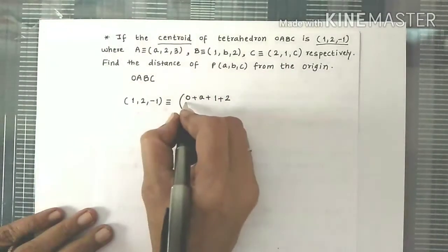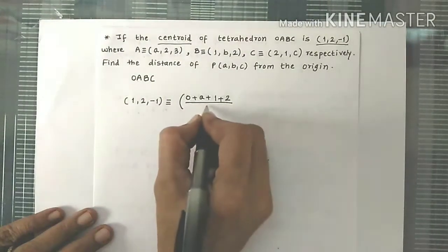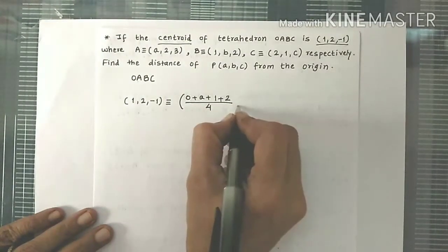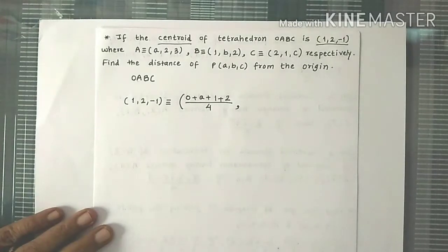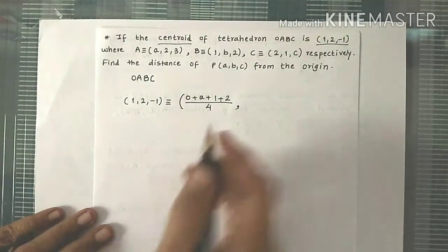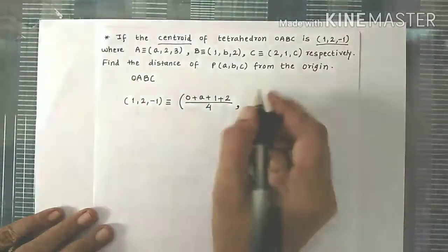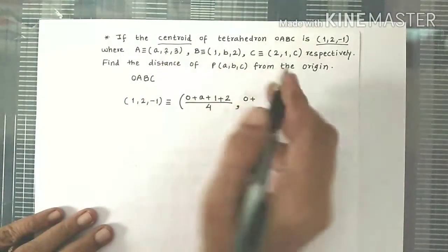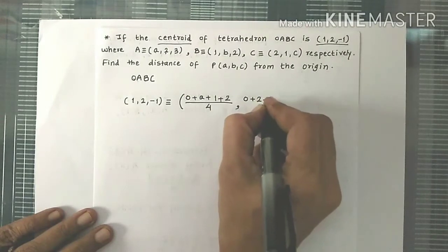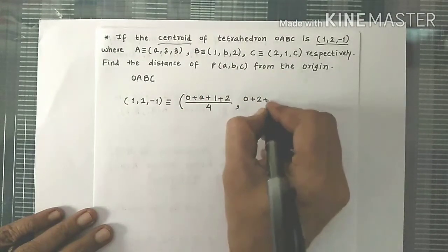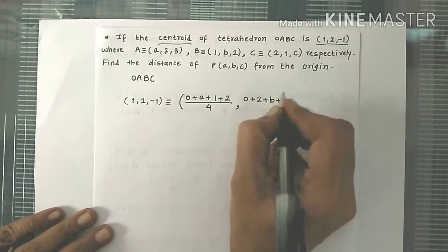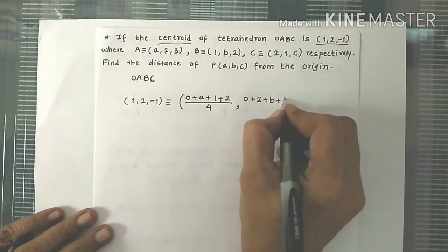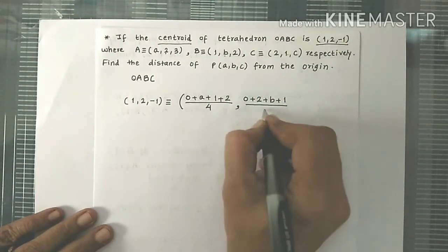So we have the x coordinates of all 4 vertices divided by 4. Now consider the y coordinates of all 4 vertices. The y coordinate of the first vertex O is 0. Next is A, whose y coordinate is 2. The y coordinate of the next vertex is b. The y coordinate of the next vertex is 1, divided by 4.